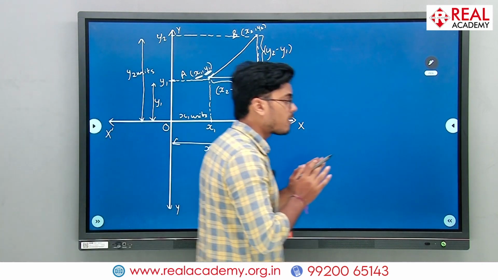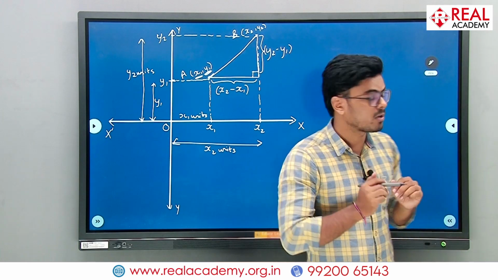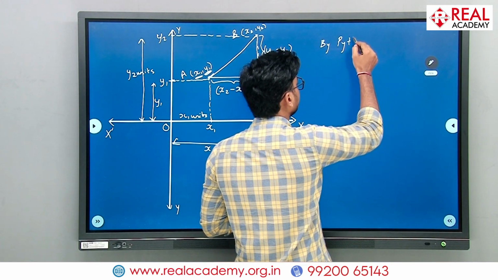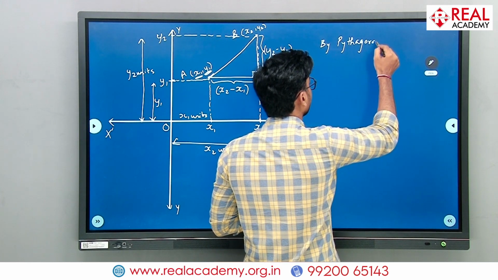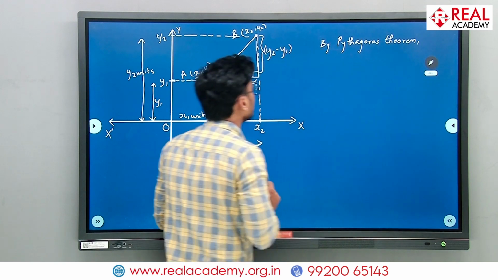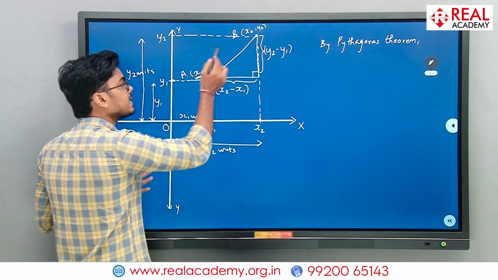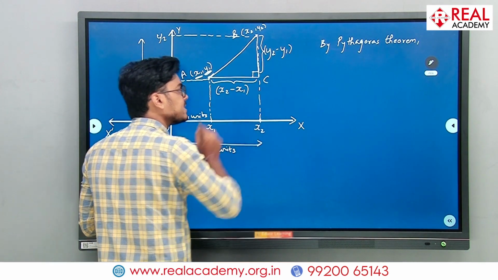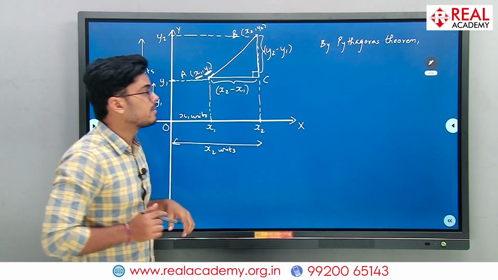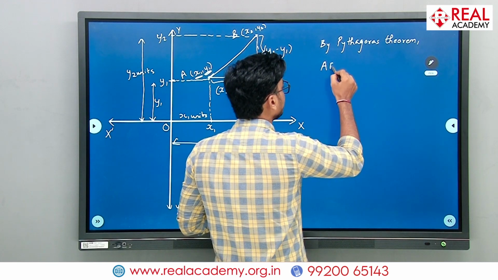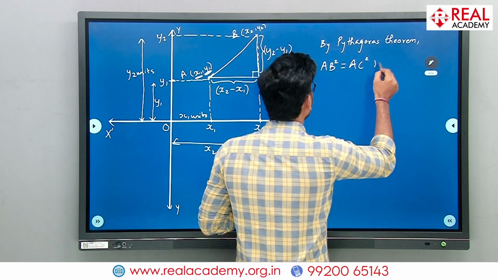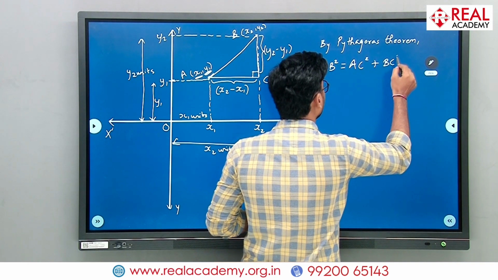According to Pythagoras theorem, what will be the formula here? By Pythagoras theorem, you can see in this diagram, this is point A, this is point B, and if I name this point C, by Pythagoras theorem we can say that AB square will be equal to AC square plus BC square, correct?